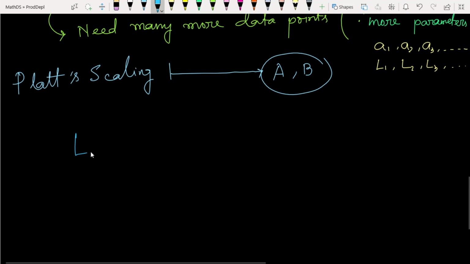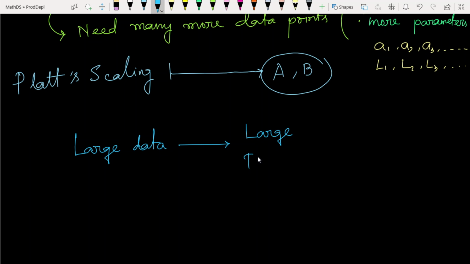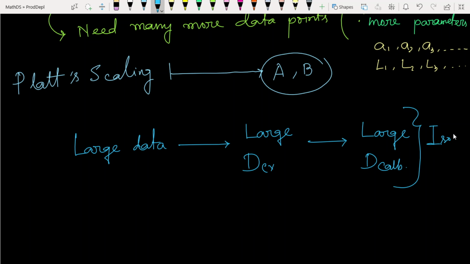So if we have a large number of data points, it means we have large cross validation data, and because of that we have large calibration data. So it will be better to apply isotonic regression.